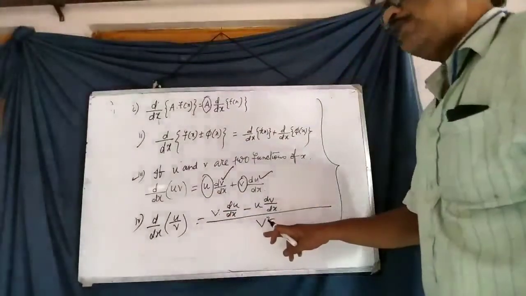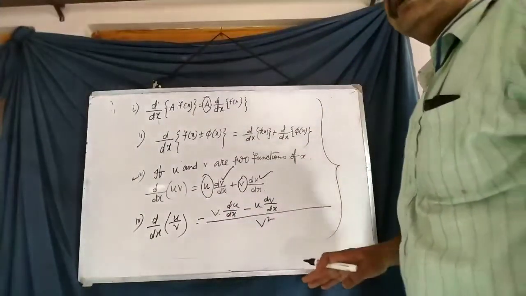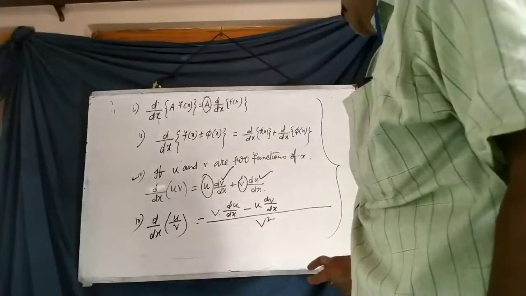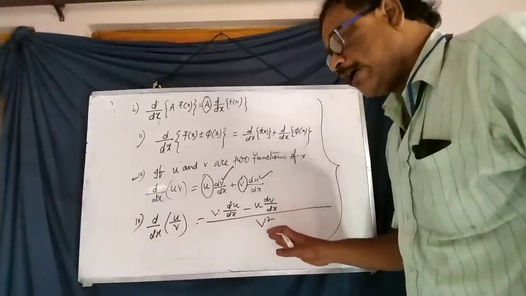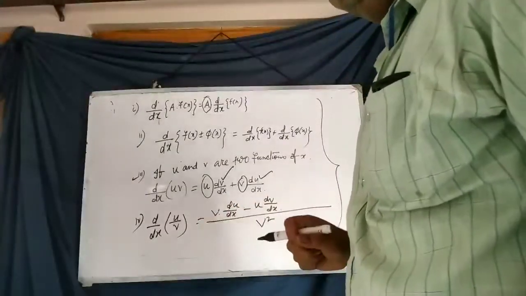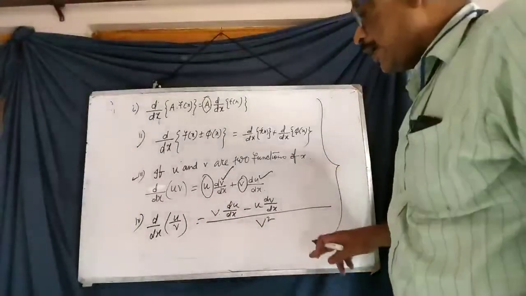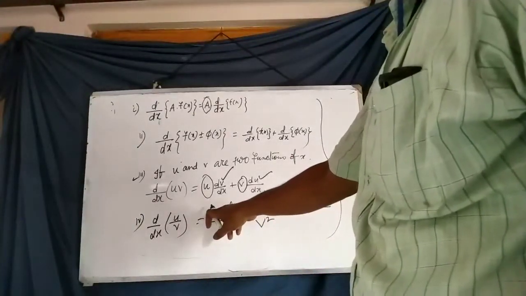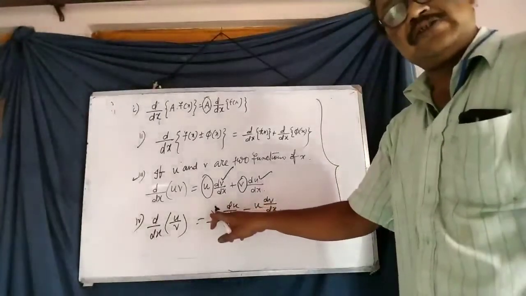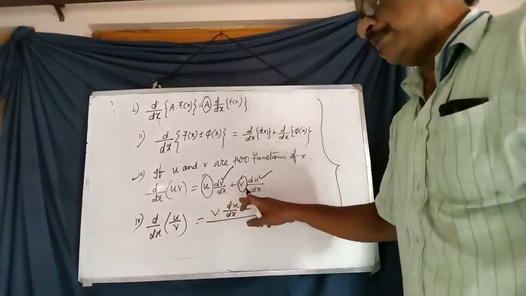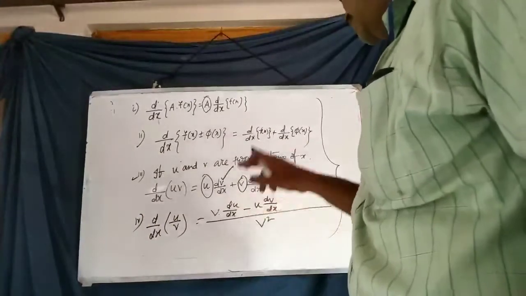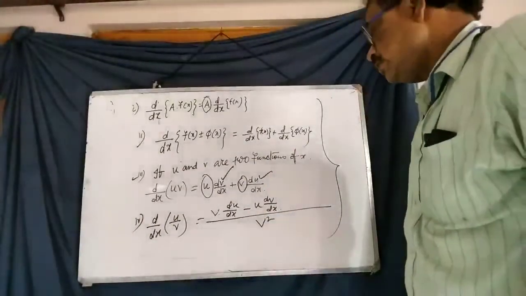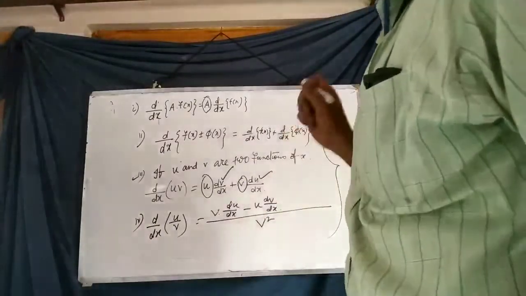Then the square of the denominator is at the denominator. In the result, we have to take the square of the denominator at the denominator. And in the numerator, the denominator of the function is unchanged: derivative of numerator minus numerator unchanged into derivative of denominator.